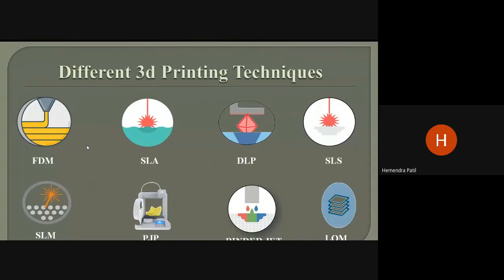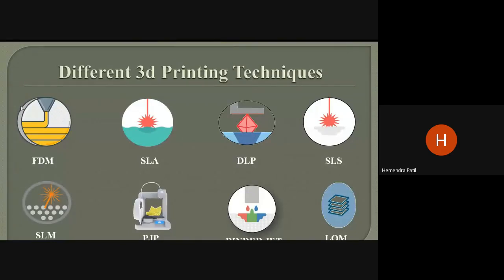In FDM, the material used is a polymer raw material. FDM is the method where the materials are fused together in a pattern to create an object, and the filament used in FDM is a plastic filament. SLA is the oldest 3D printing technology, and still being used.